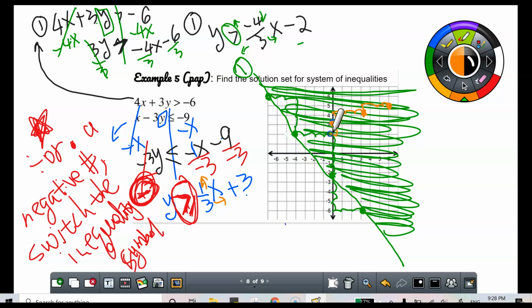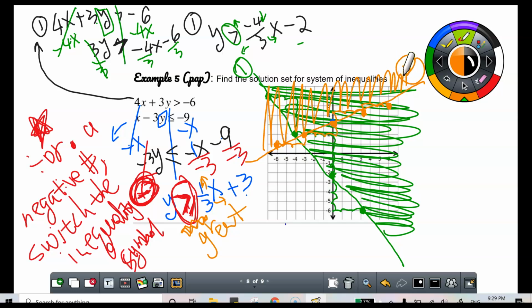Go down 1, go left 3. Yeah. So we have the second line, which is here. And then deal with the inequality symbol in your final standard inequality. Okay, so this is a greater sign. So for greater than, we're going to shade above the line, which is here.